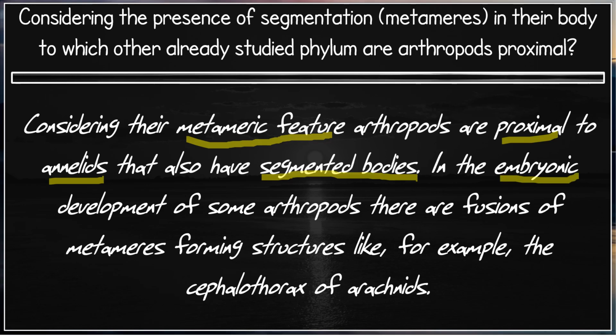In the embryonic development of some arthropods, there are fusions of metameres forming structures like, for example, the cephalothorax of arachnids.